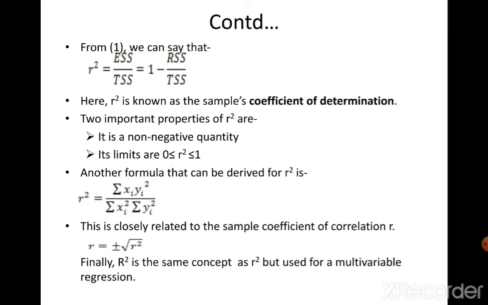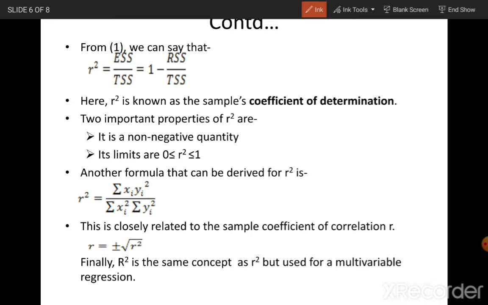Now, another formula that can be derived for R square is summation xi yi, the whole square, divided by summation xi square times summation yi square.